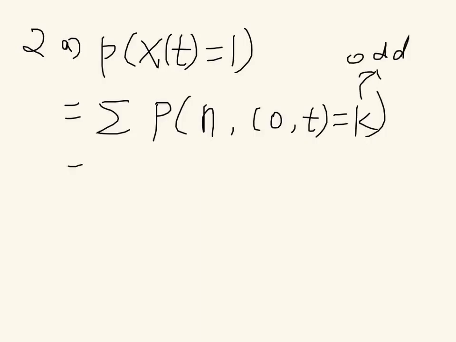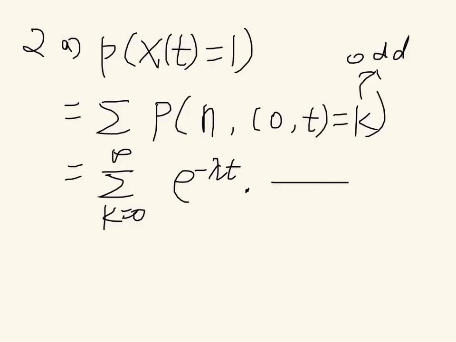So this is equal to the sum of k from 0 to infinity of e to the minus lambda t times (lambda t) to the power 2k plus 1, over (2k plus 1) factorial.